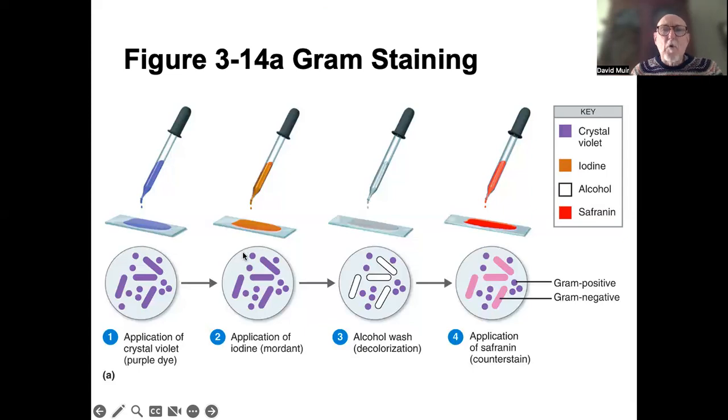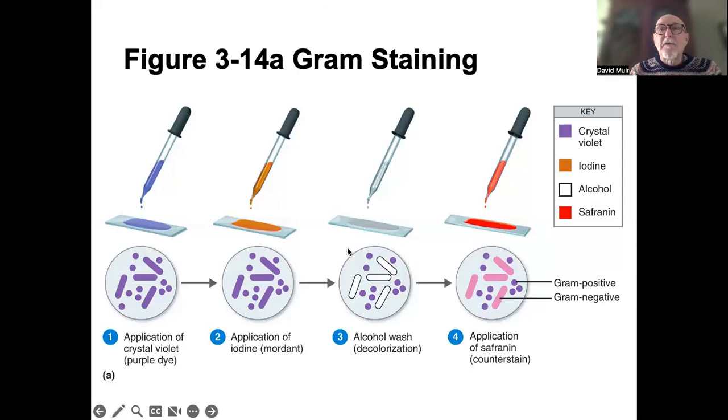And this is a mordant. What that means is it ties the crystal violet molecules tightly to the bacterial cell, and especially to the components of the cell wall. It also stains the interior, it stains the cytoplasm and everything as well.